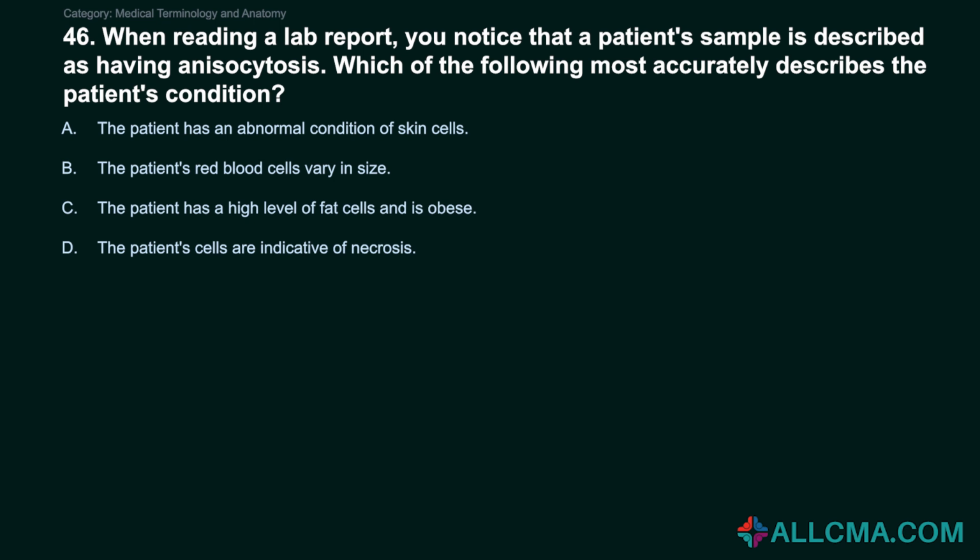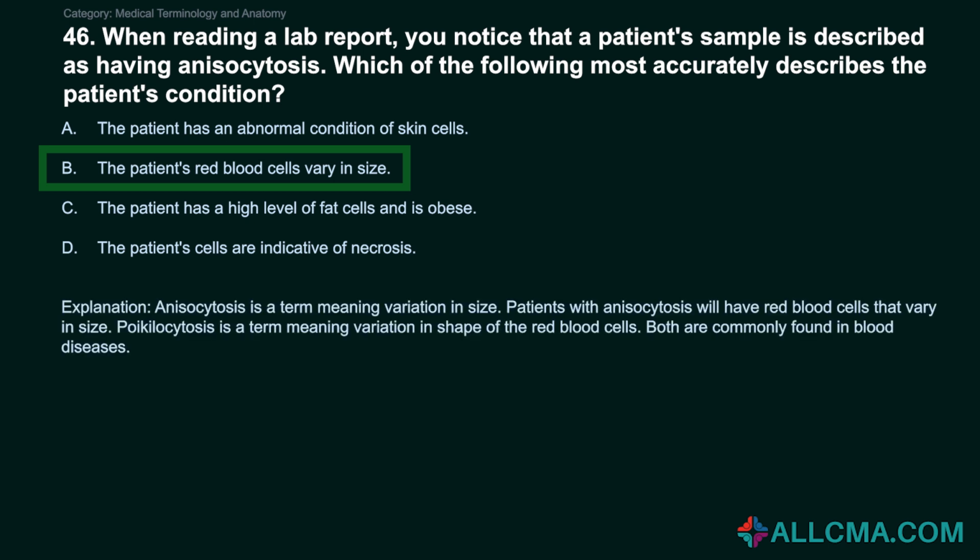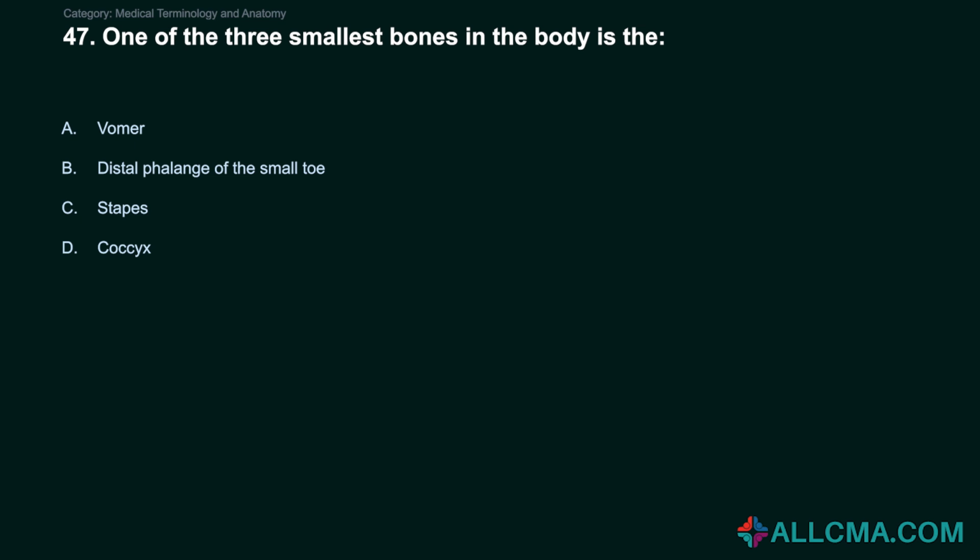D. The patient's cells are indicative of necrosis. Correct answer: B. The patient's red blood cells vary in size. Anisocytosis is a term meaning variation in size. Patients with anisocytosis will have red blood cells that vary in size. Poikilocytosis is a term meaning variation in shape of the red blood cells. Both are commonly found in blood diseases.